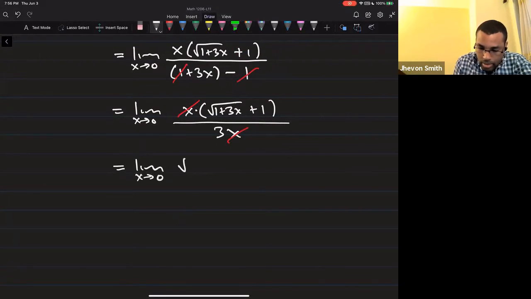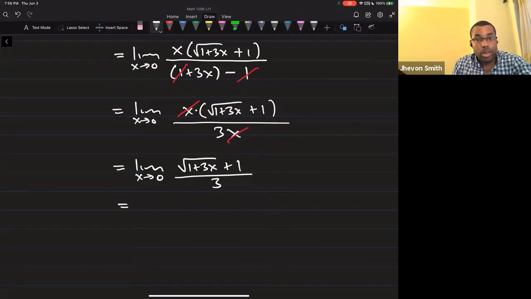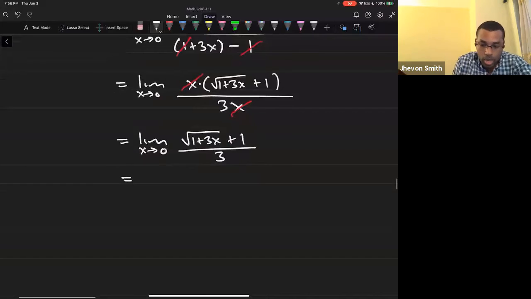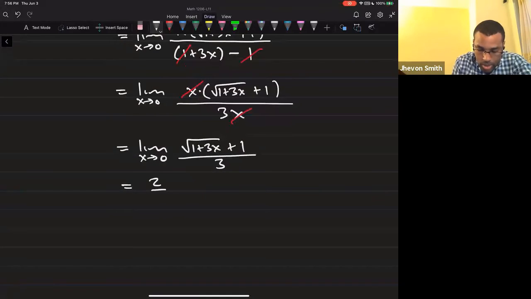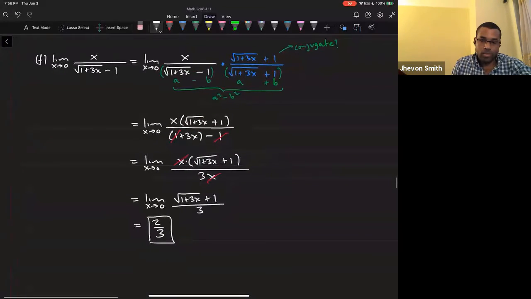And so now I just have the radical of 1 plus 3x plus 1 all over 3. And now can I plug in? Yeah, there's nothing wrong with plugging in x equals 0 here. I would have the radical of 1 plus 1 on the top, which is just 1 plus 1, which is 2. And the denominator is a constant 3. So that's actually 2/3. Interesting.